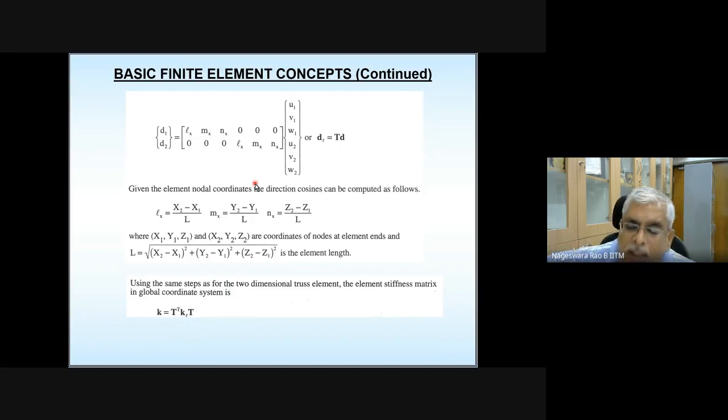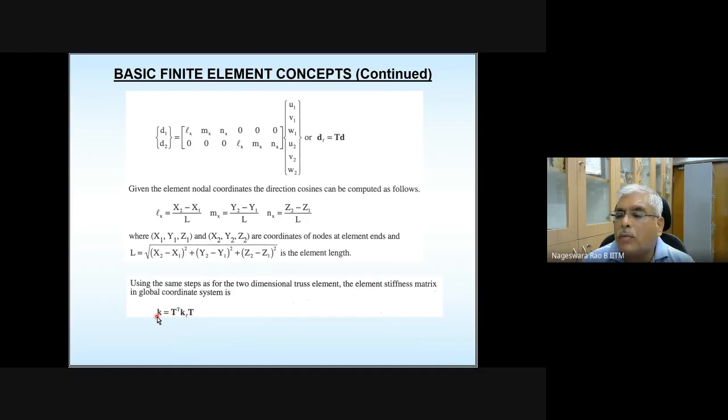The transformation matrix in the previous 2D truss, this T, is of dimension 2 rows and 4 columns. Here it's going to be 2 rows, 6 columns. And if you want the global stiffness matrix, using this transformation matrix and the local stiffness matrix, we need to do this multiplication.